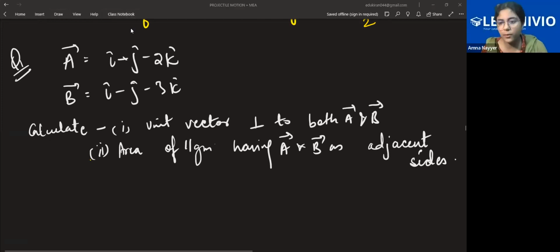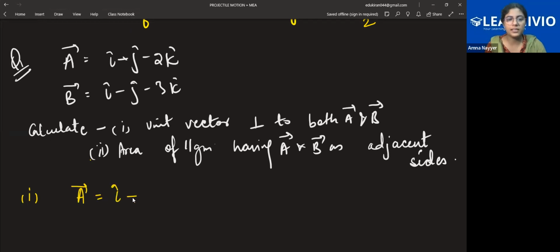See class, when you are solving this question, unit vector perpendicular to both A and B means you have to find out the cross product. So first vector A is I cap plus J cap minus 2 K cap. And vector B is I cap minus J cap minus 3 K cap.